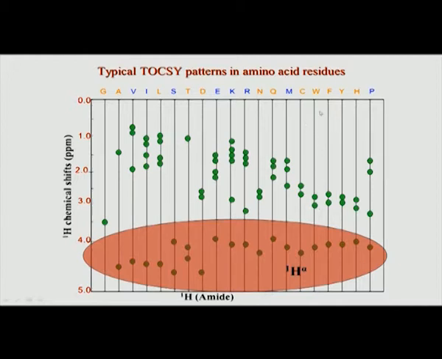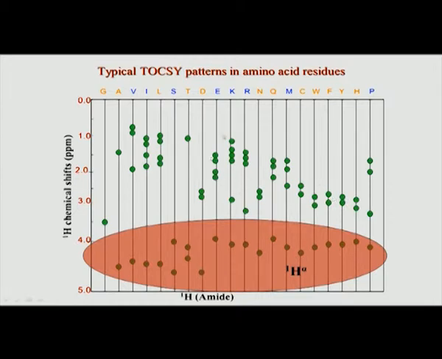In the case of phenylalanine, tyrosine, histidine and tryptophan, you have what is called a side chain aromatic spin system. But we will not look into all those when we go for sequence-specific resonance assignments, in which we only look at the backbone and the side chain up to the beta protons or gamma carbons.